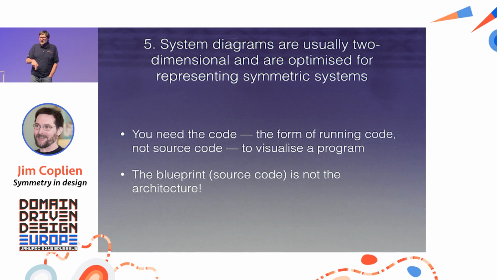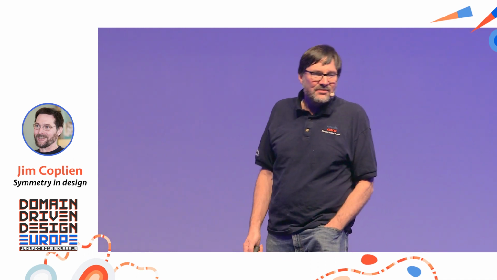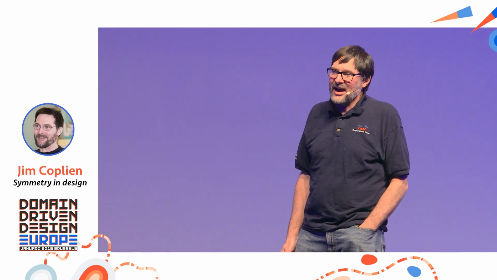The code is the design. Kevlin Henney: the code is the design. And I better have an architecture language like C++ that can express broken symmetries. How do I express my domain? In abstract base classes.